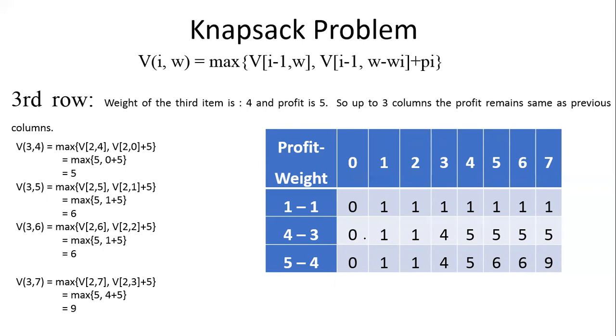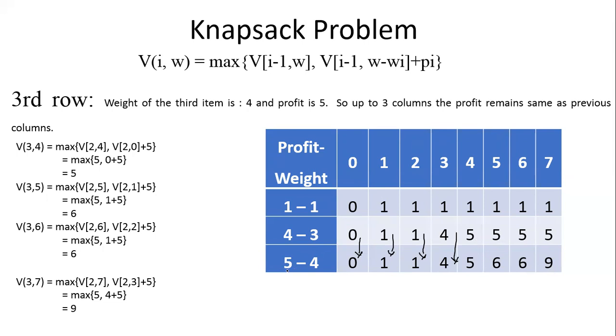So all the previous values are carried forward down. Whenever the capacity is greater than or equal to the weight, we need to calculate. Why? Because the previous profit or the item which is placed here, whichever is higher, that value will be considered.